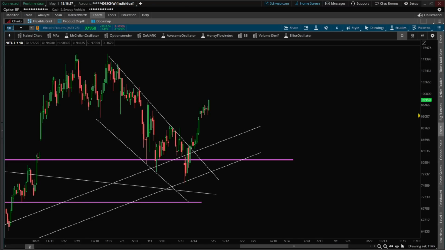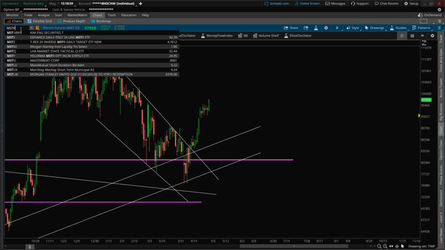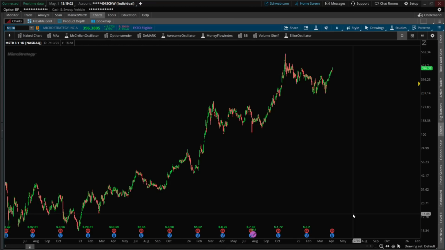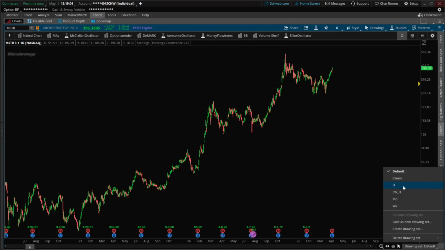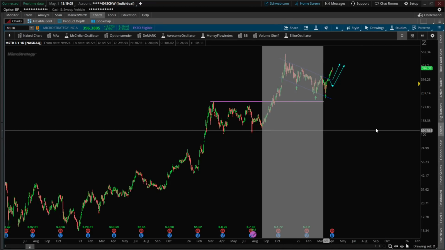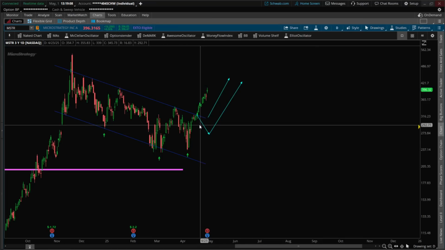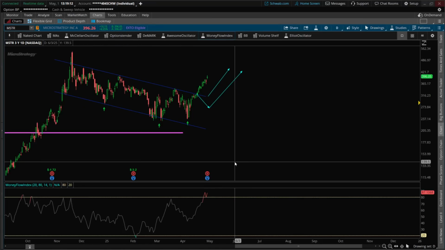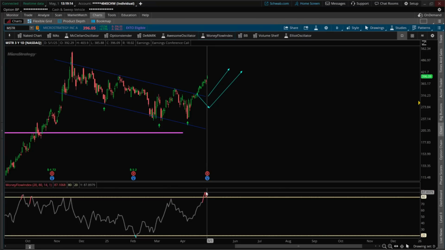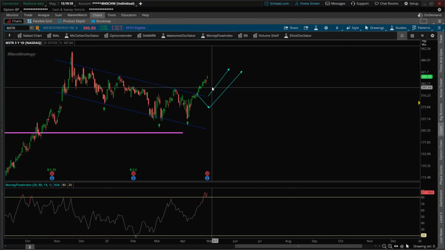Let's take a look at MSTR. So the earnings are coming up here. We're overextended. I didn't show you on Bitcoin, but we have negative divergence here. So we just got our first negative divergence in the money flow. We're extremely overbought.